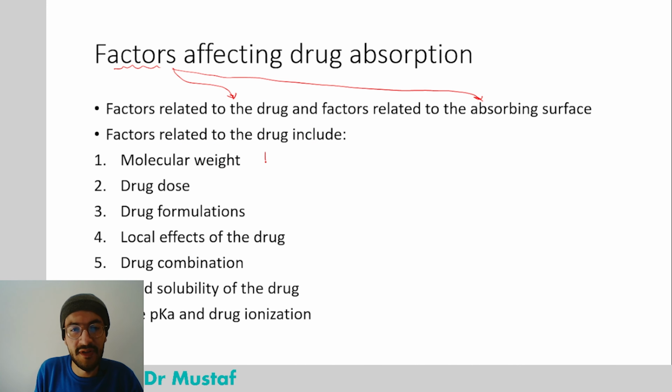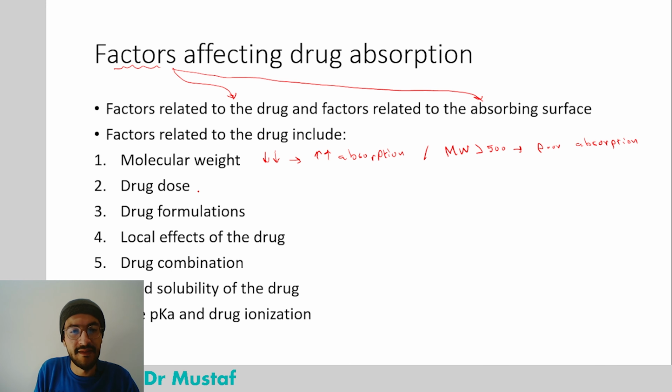The lower the molecular weight of the drug, the better the absorption. Drugs that have molecular weight higher than 500 have poor absorption. So the lower molecular weight, the better.